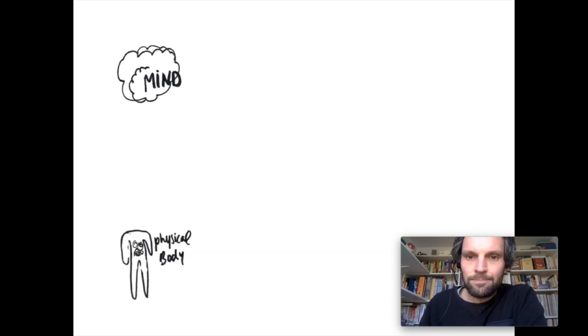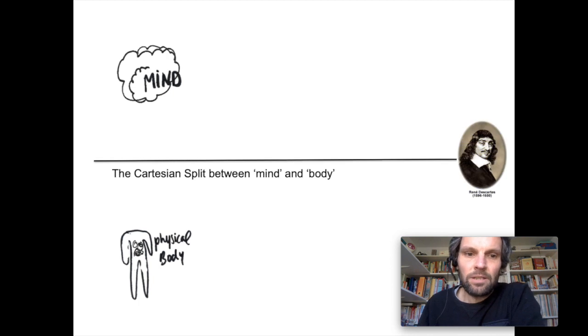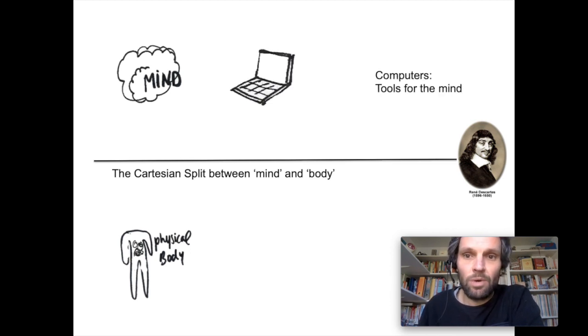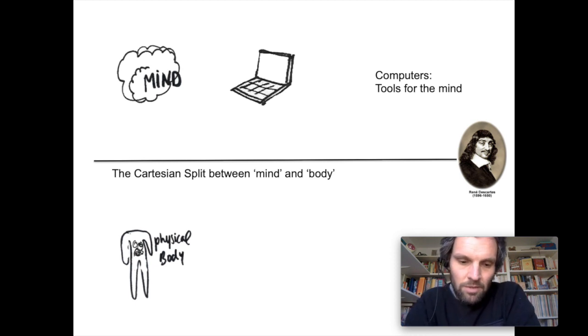So what we see is that this split is actually represented also in the different fields of research that you all would be interested in. On the one hand, you have computers, which is one separate department in the university, computer science, and basically everything around research around computers is focused on this idea of mind.